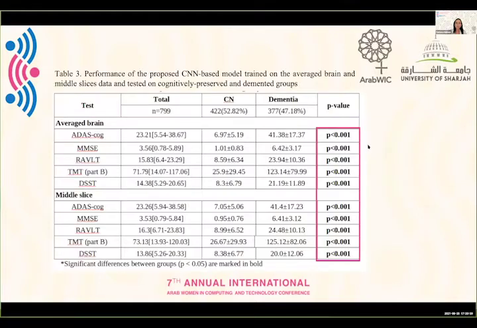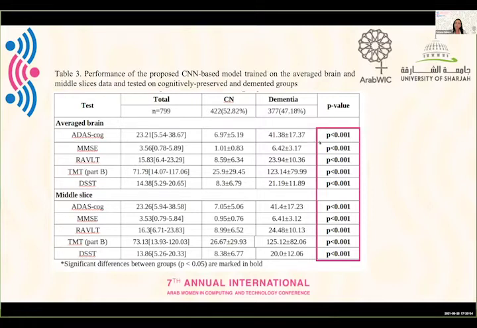What did we do here? We trained our designed model using five-fold cross-validation on both averaged brain and middle slice images, and reported the results in terms of mean absolute error, and then tried to compare the results of our regression model again using the Kruskal-Wallis test.